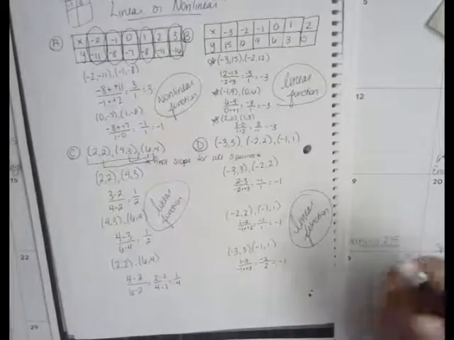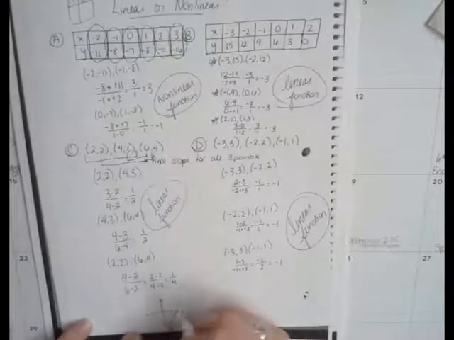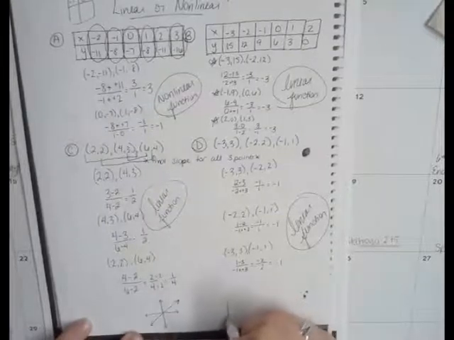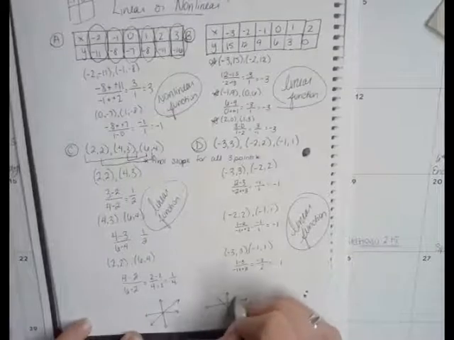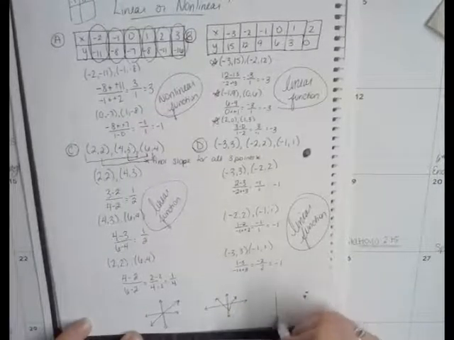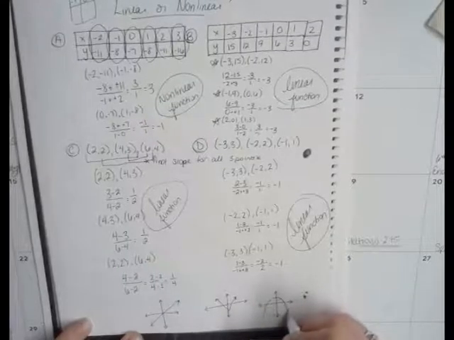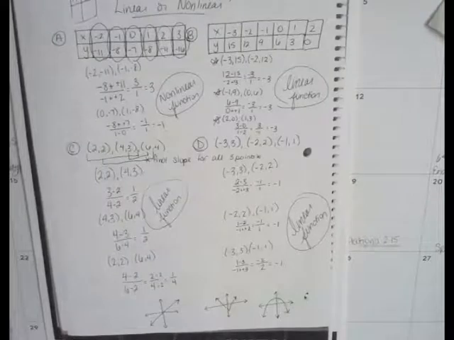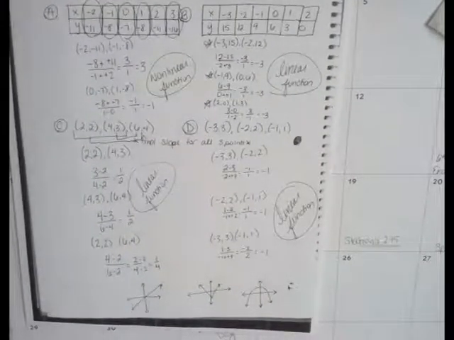Alright, I said I was going to draw a couple graphs. If you have room, you can do this. You don't have to. Let's make it 3. So based on looking at these graphs, we want to figure out if it's a linear or nonlinear function.